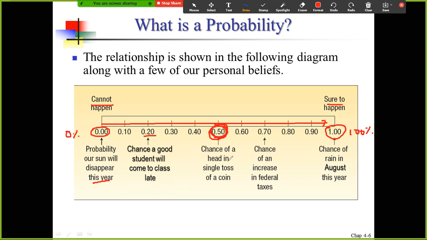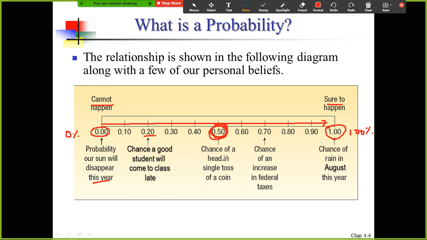50%, a chance of heads in a single toss of a coin. For example, if you have one coin, normally a coin has two sides or two faces. So you toss it or throw it into the air and let the coin stop moving. You can see that one face must go up, and one face must go down.